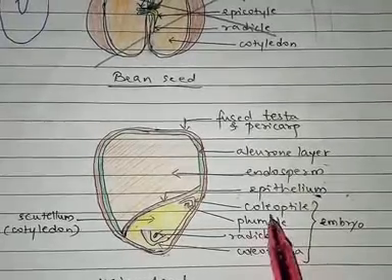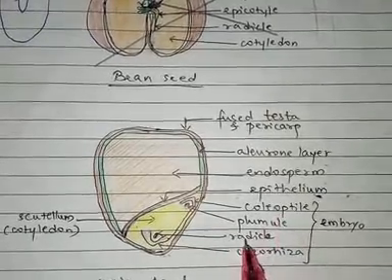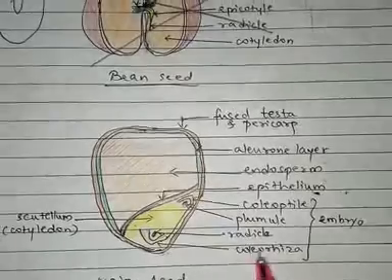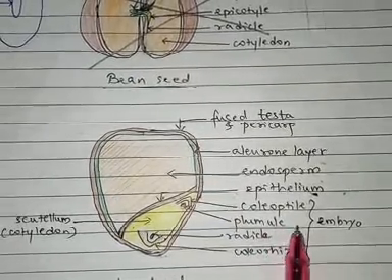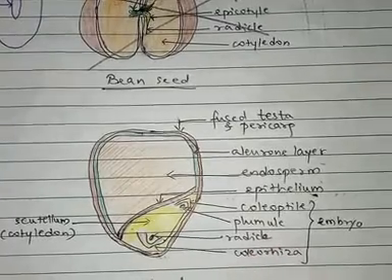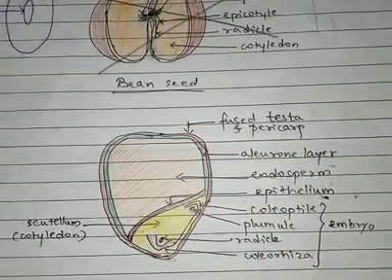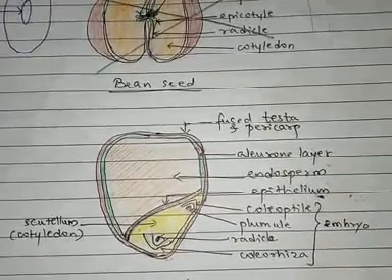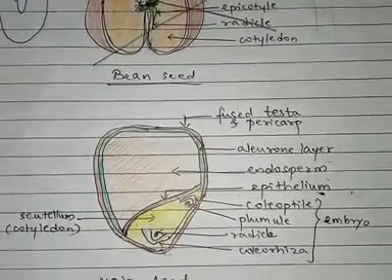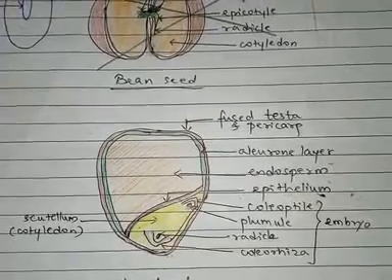So plumule is covered by coleoptile and radicle is covered by coleorhiza, and these two are the protective sheath or protective covering of the plumule and the radicle respectively. Understanding? So these are the different parts of the maize grain.